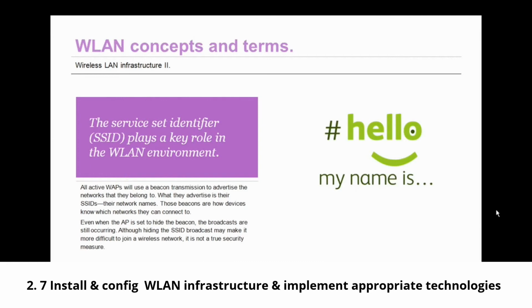It plays a key role in the wireless local area network environment. All active wireless access points will use a beacon transmission to advertise the networks that they belong to. What they advertise is their SSID, which can also be thought of as their network name. Those beacons are how devices know which networks they can connect to.